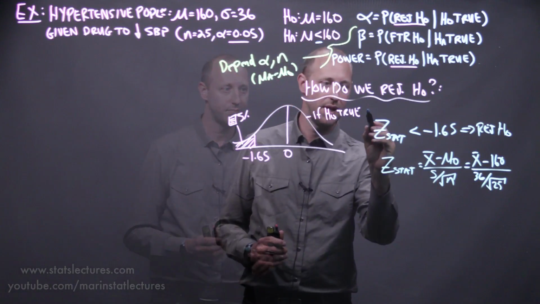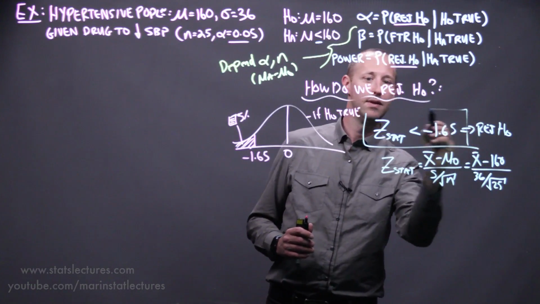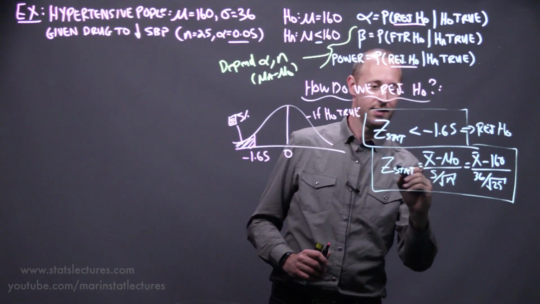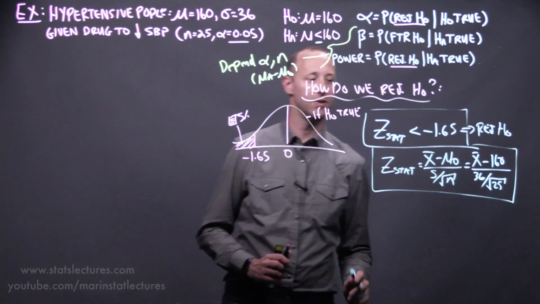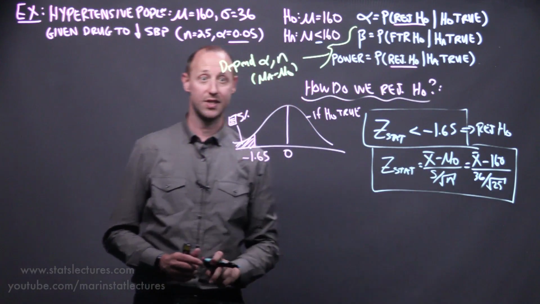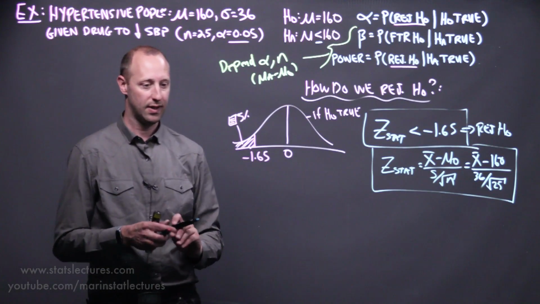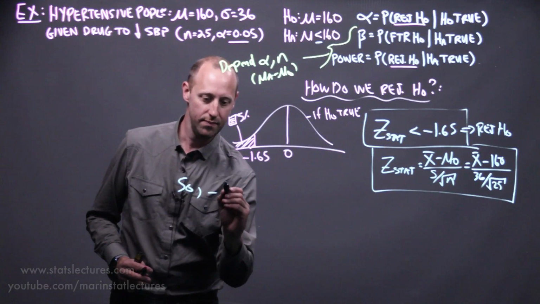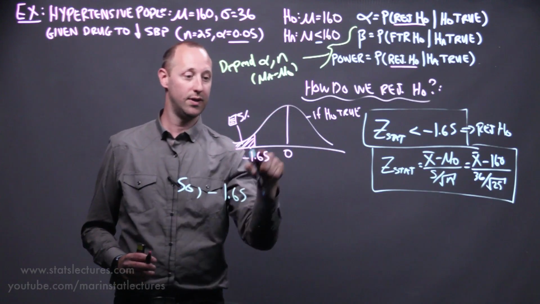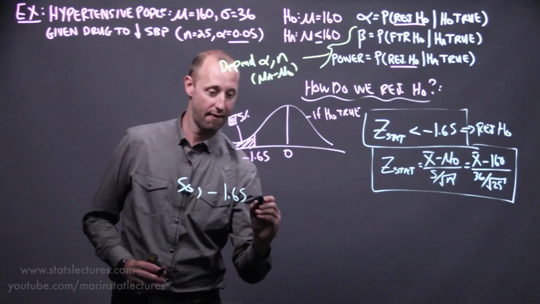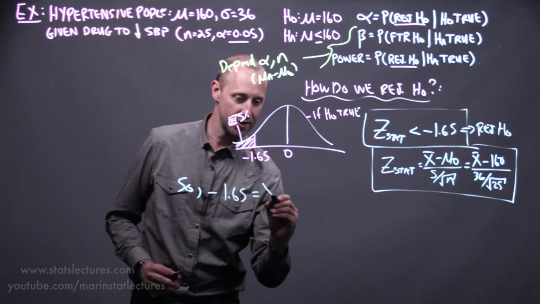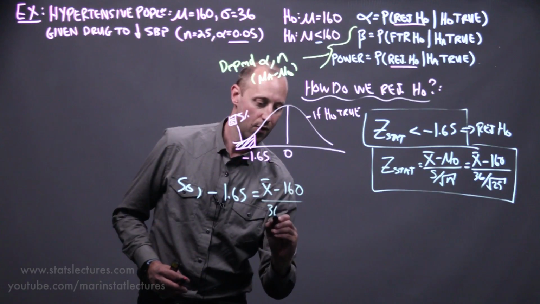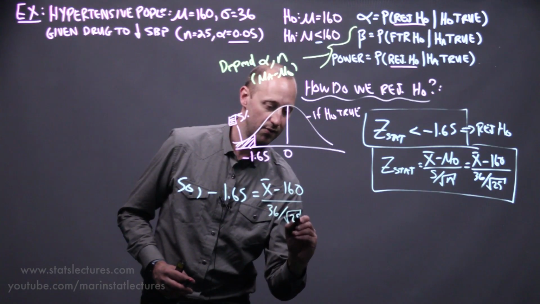Right now, we're just assuming the population's known, using Z rather than the t distribution to simplify things and focus on the concepts. But now we know we need Z less than negative 1.65, and we know that this is Z here: sample mean minus 160 over 36 divided by square root of 25. So Z, the critical point, is negative 1.65, and Z is also x bar minus 160 over 36 divided by square root of 25.